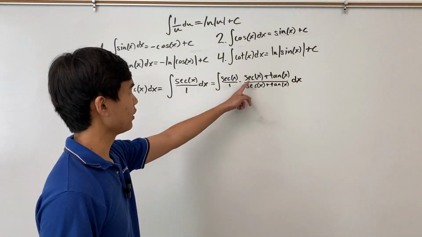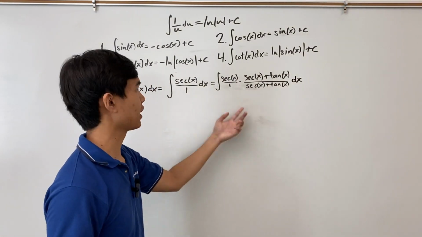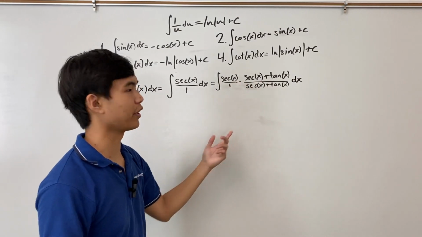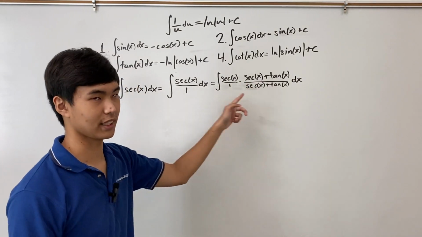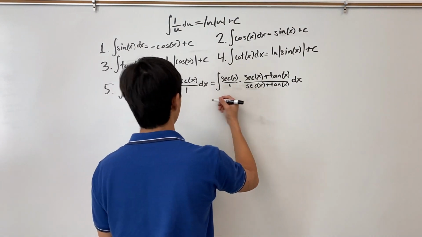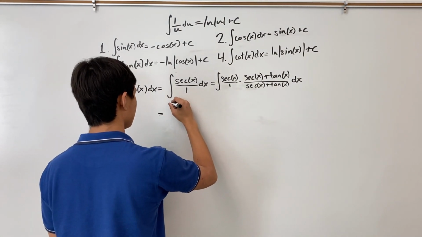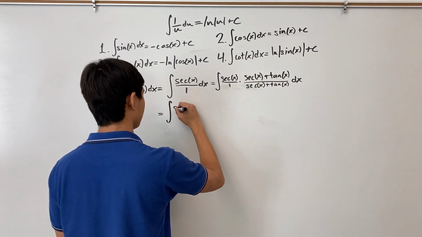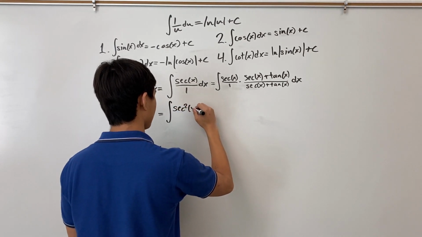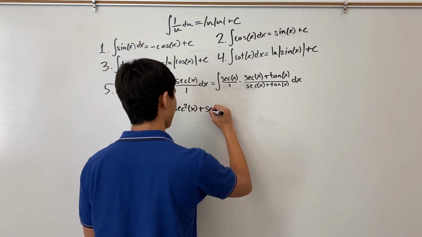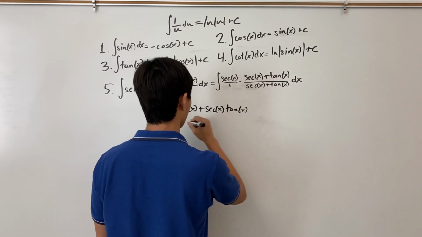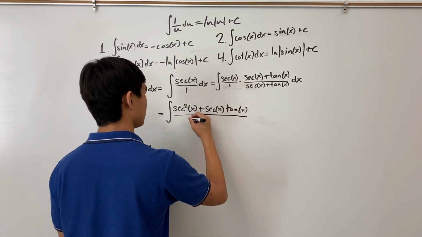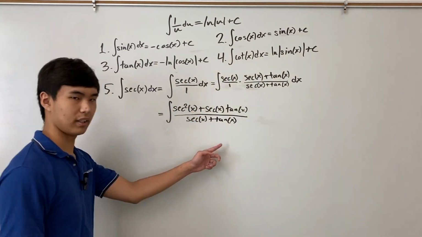See how these, I haven't changed the integral because these will cancel to 1 if I don't do anything. So it'll still be the integral of secant x dx. So when we distribute this, we get the integral of secant squared x plus secant x tangent x over secant x plus tangent x, like this.